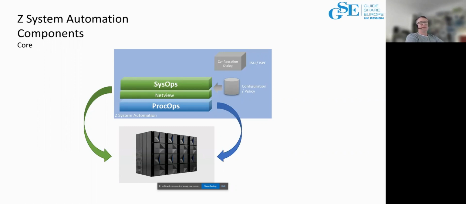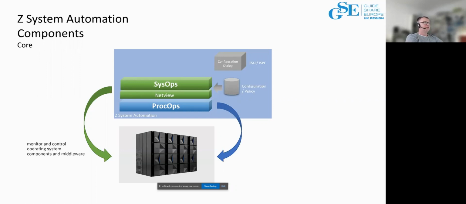For us it is the bedrock to work inside, giving us the possibility to monitor and interact with those subsystems on the mainframe. Here there is one major component running on top of NetView called SysOps, then we have the other component, ProcOps. And last but not least, we have the configuration dialog.